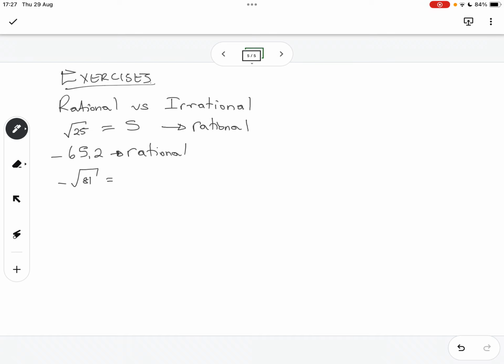Let's first do the math. What's the answer there? For negative square root of 81. Yeah, this number here. If we were to solve it, what's the answer? If we were to calculate it.